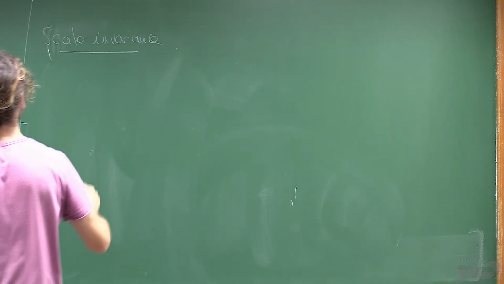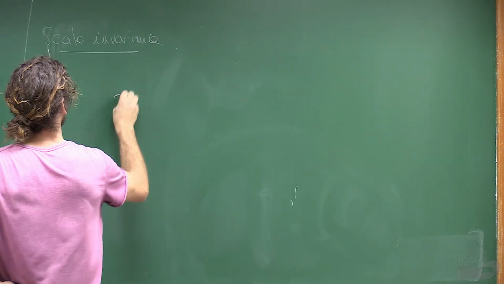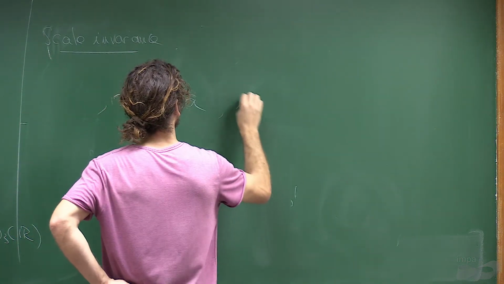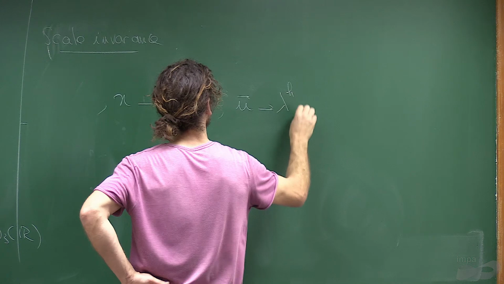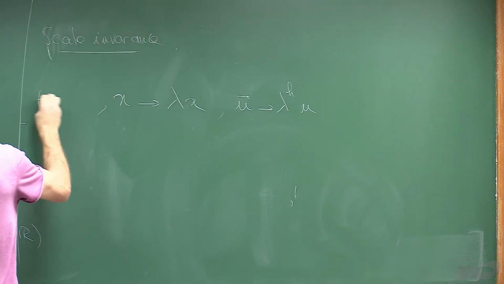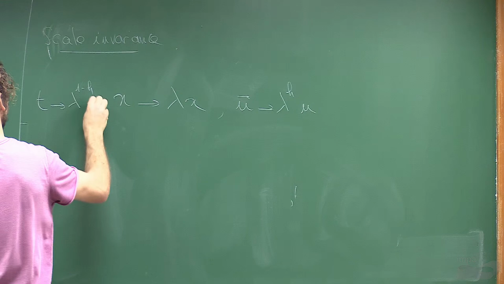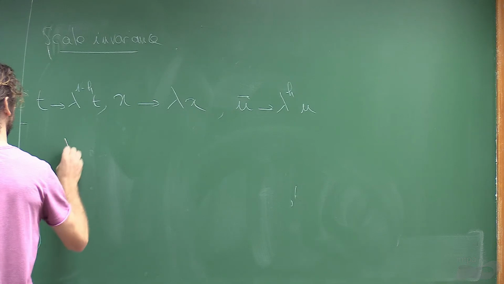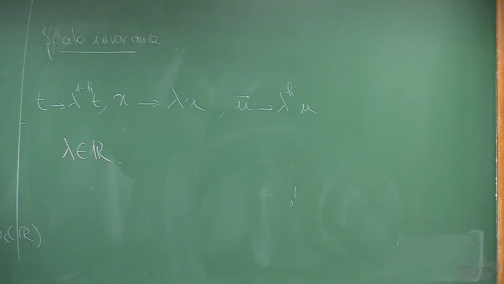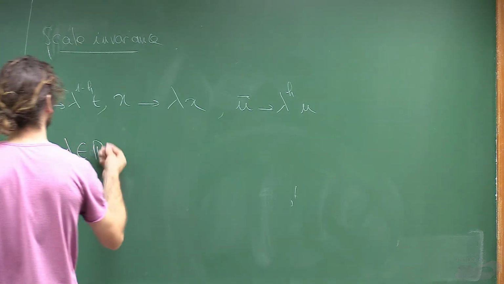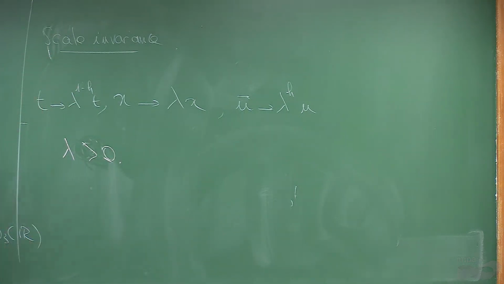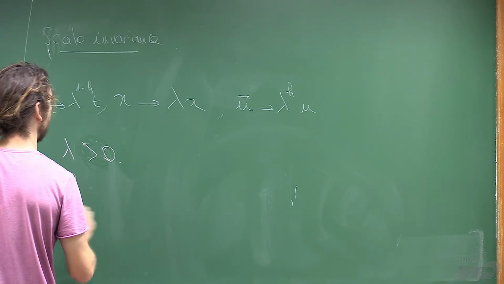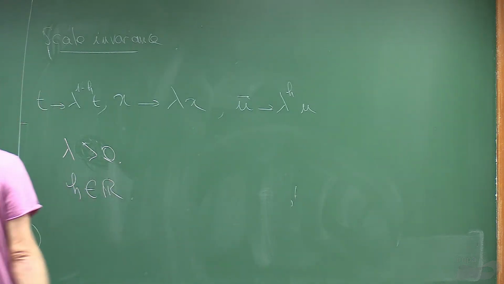Essentially, what you're doing is changing x to lambda x and u to lambda^h u, together with t going to lambda^(1-h) t, where lambda is real and positive, and h is real.